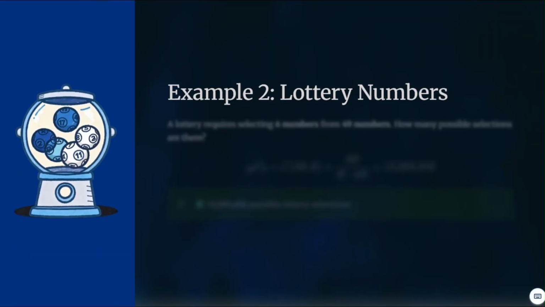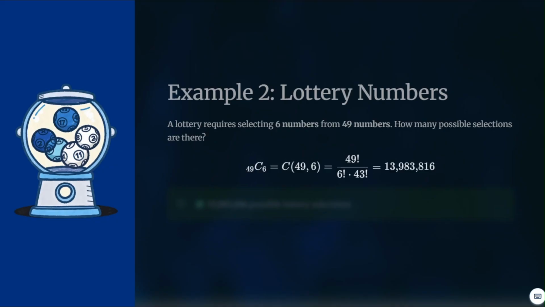In example 2, a lottery requires selecting 6 numbers from 49 numbers. How many possible selections are there? So 49 combine 6, or 49 choose 6, will be equal to 49 factorial divided by 6 factorial times 43 factorial.